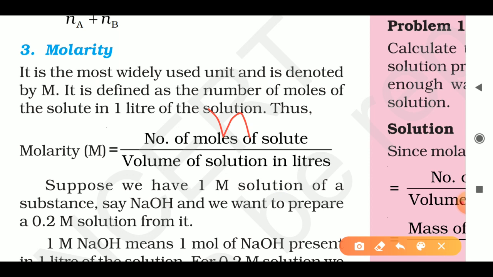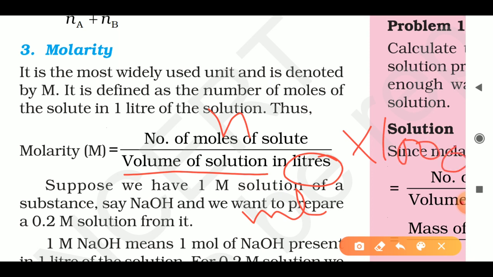If the volume of solution is given in milliliter instead of liter, then we have to divide it by 1000. Clear?